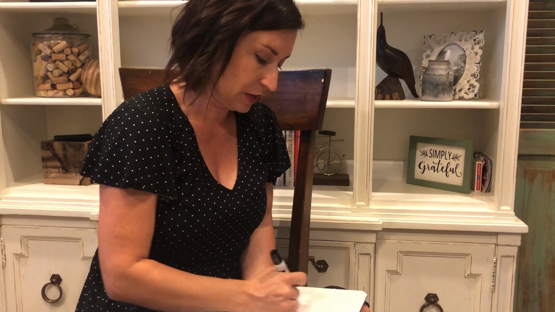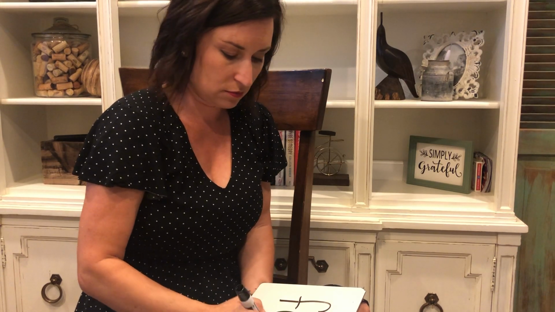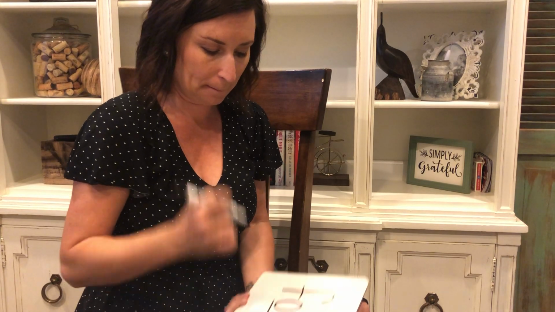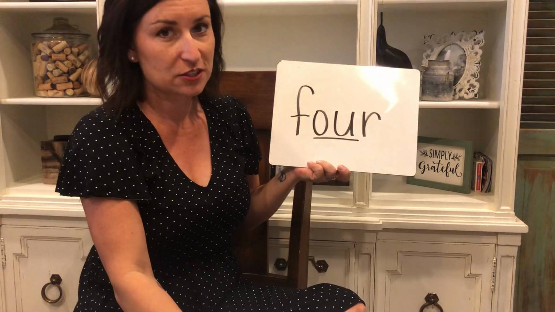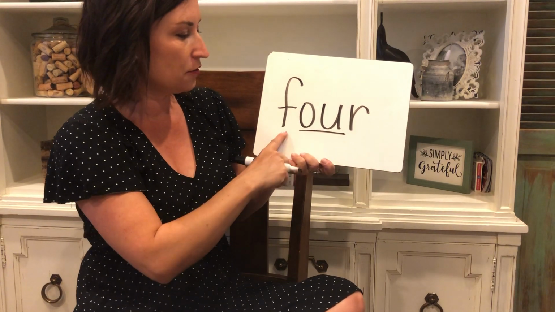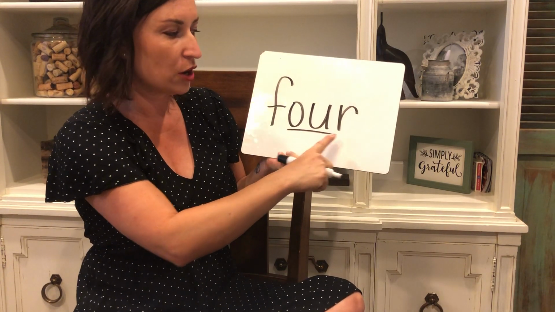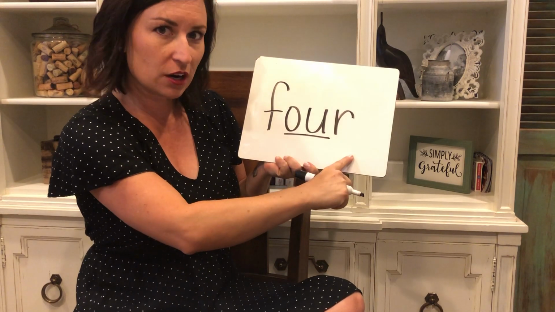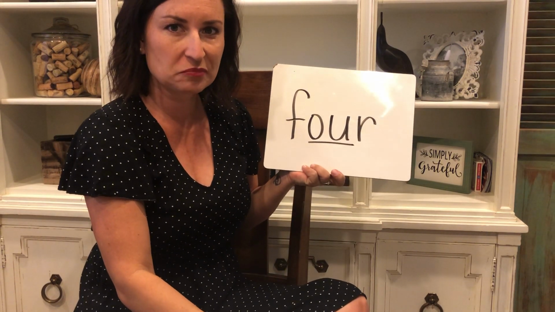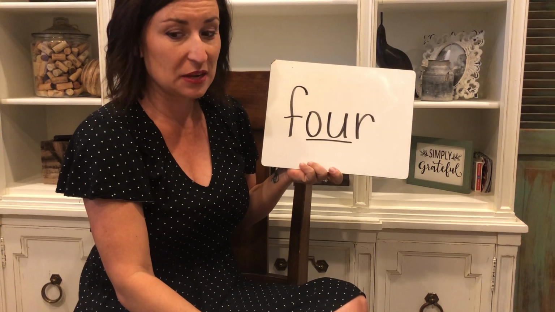Okay, let's try another one. I'm going to do a number word. Okay, remember, let's try the first sound first. Ow, hour. Fower. Does that make sense? No, it doesn't make sense.